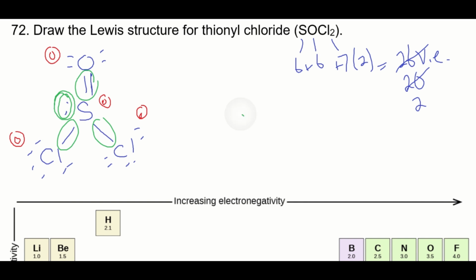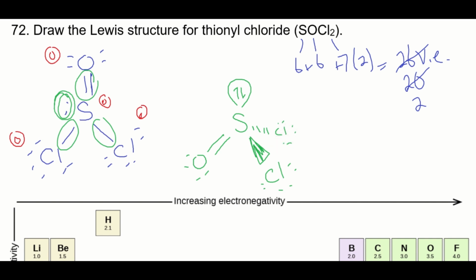So let's do that. Sulfur there, we got the lone pair up here, and we can put the oxygen on one side there, and let's get one of the chlorines out here, and then another one kind of back there somewhere.